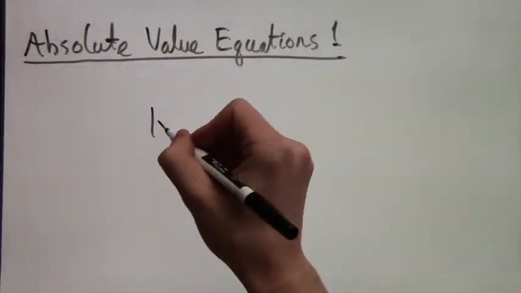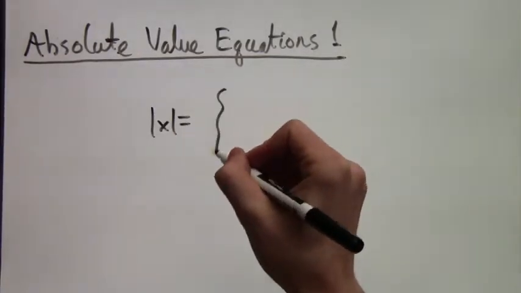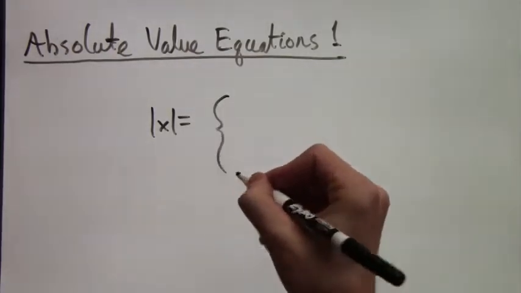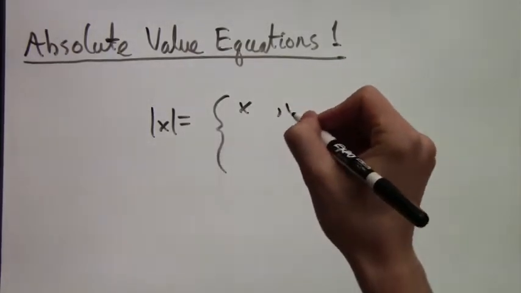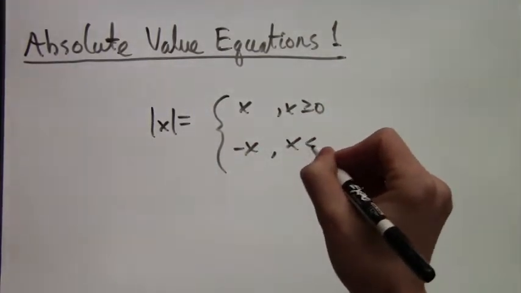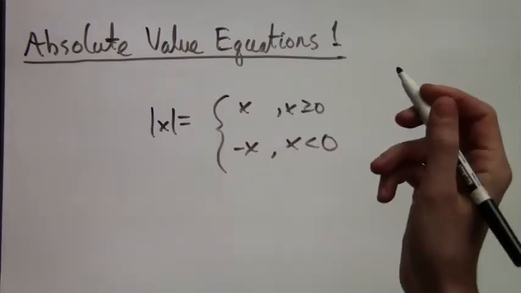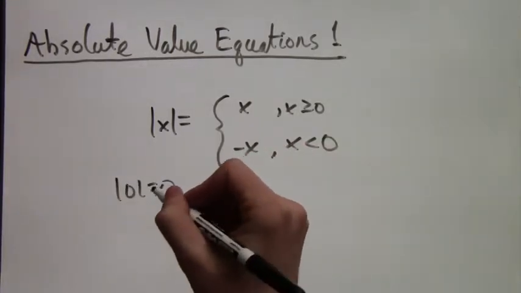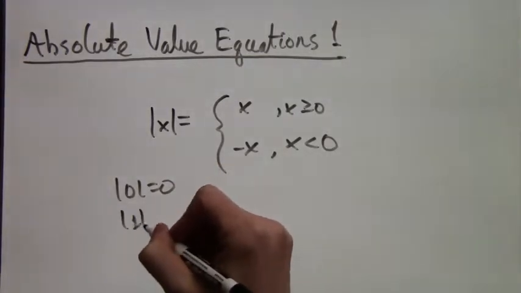First of all, let's just remember how the absolute value of x is defined. It's defined as: absolute value of x is x if x is positive, and it's negative x if x is negative. This means that if x has a negative sign, we get rid of it. If there is no negative sign, it's just the same.